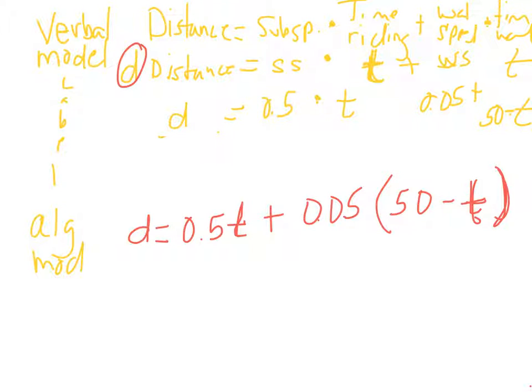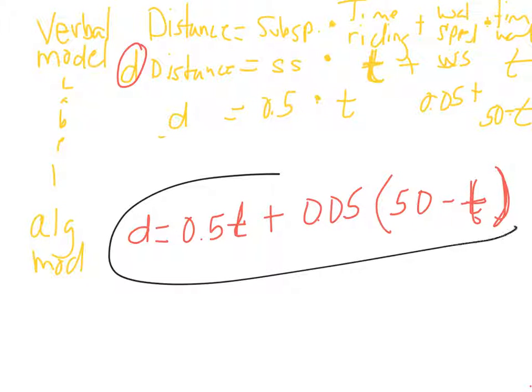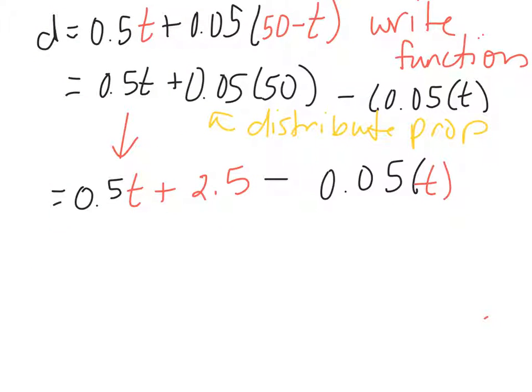Alright, so what we end up with, when I put it all down, we have D, which is distance, is the number that it gave us earlier. Subway speed is 0.5, times T, plus 0.05 times the 50 minutes minus T, because it said you had 50 minutes to get there. Okay, so I rewrote it like what I had on the previous screen.